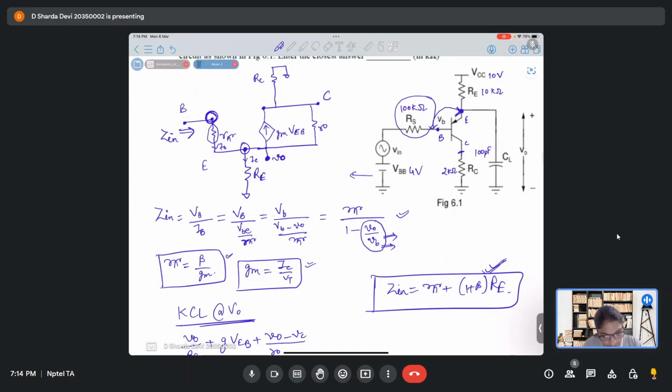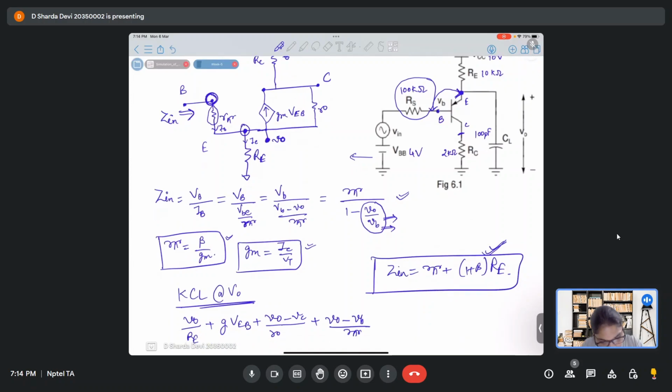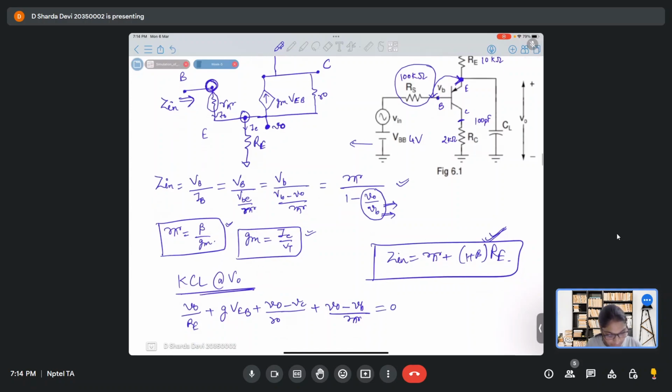Anything else? Is any term left? Plus V naught minus VB by R pi. So how many current branches? 1, 2, 3, 4. Right? Are we left with something? No, right?